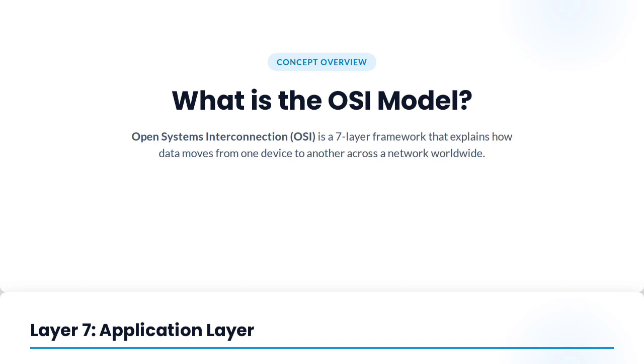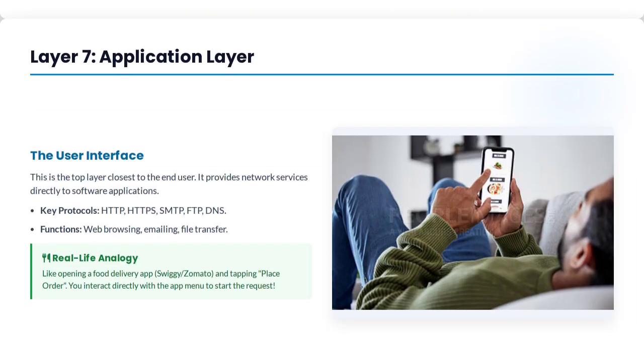When sending data, let's start from the top. First, the application layer, the user interface. This is the top layer, closest to the end user. It provides network services directly to software applications.